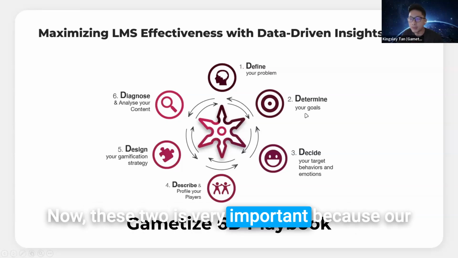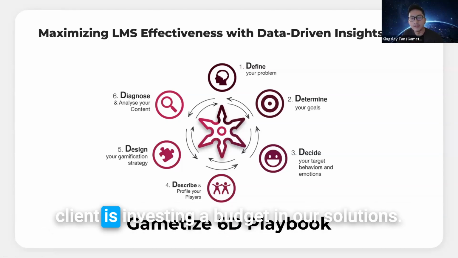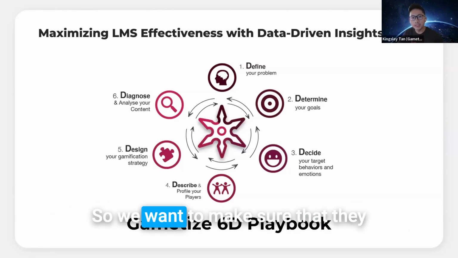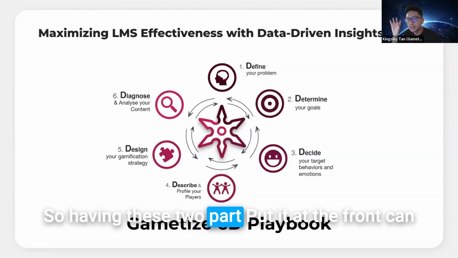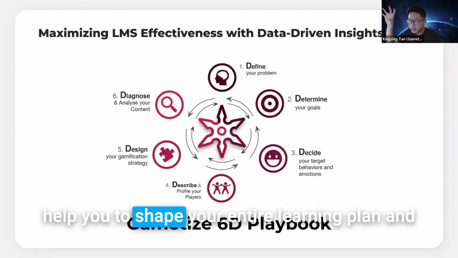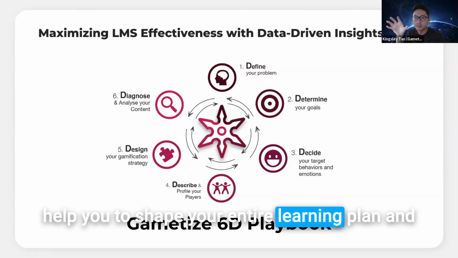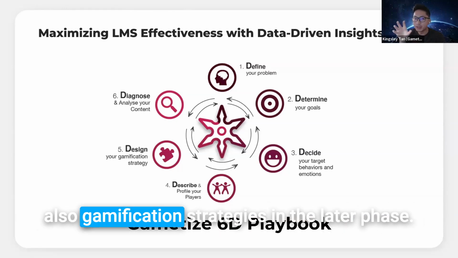These two are very important because our client is investing a budget in our solutions. So we want to make sure that they are solving their initial problems and achieving their goals. Putting these two parts at the front can help you shape your entire learning plan and also the gamification strategies in the later phase.